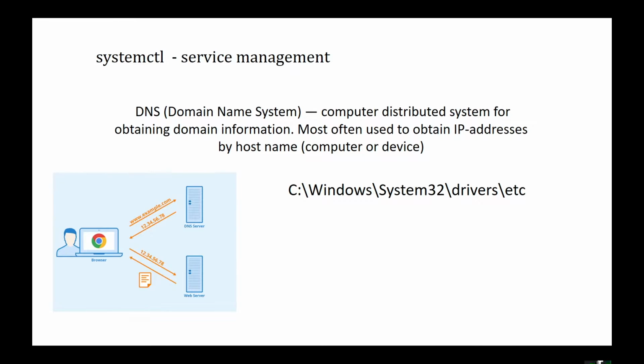The domain name system is a distributed computer system for obtaining domain information, most often used to obtain IP addresses by hostname. This system gives us the possibility to use words instead of IP addresses.